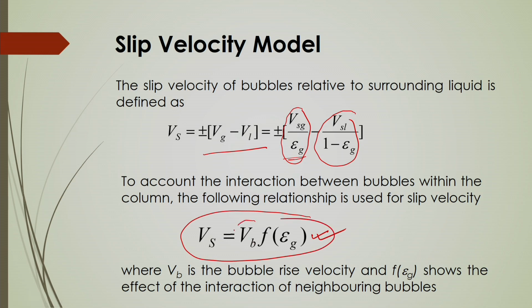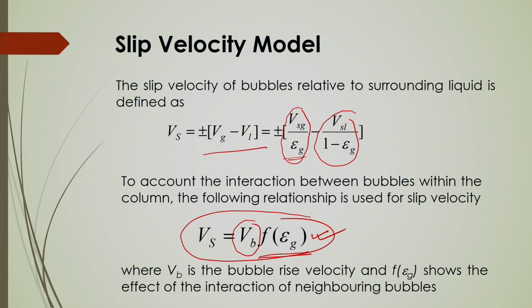Where in this case one parameter is called Vb. This Vb is called the bubble rise velocity, and f of epsilon g will give you a certain function of the gas hold up in that particular system. So, if you know the bubble rise velocity, from the slip velocity you can calculate the function of the gas hold up.